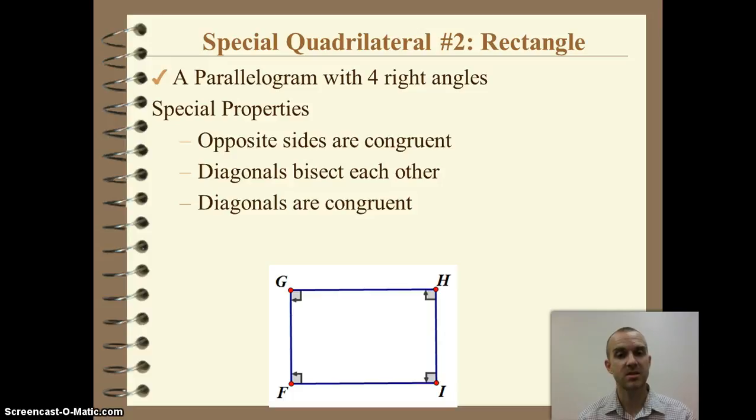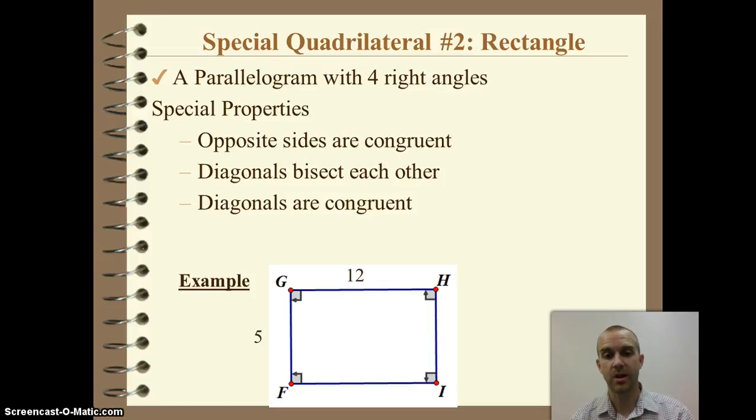First, the diagonals that can be constructed inside the rectangle become congruent because of that 90-degree angle. We still have the opposite sides being congruent and the diagonals bisecting each other. So all the same properties that hold true in a parallelogram hold true in a rectangle as well. Just these special things are added.